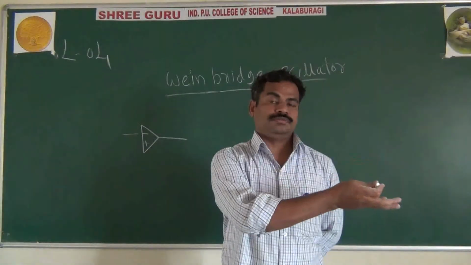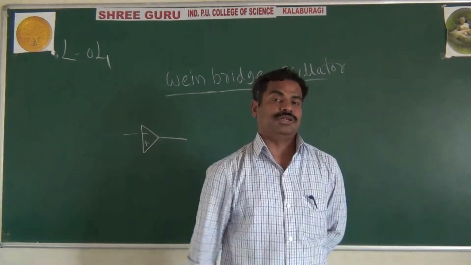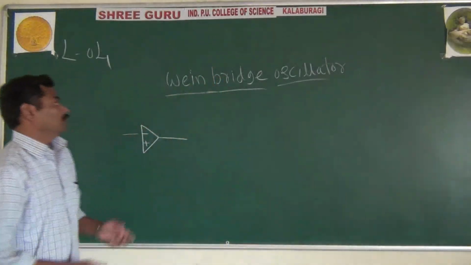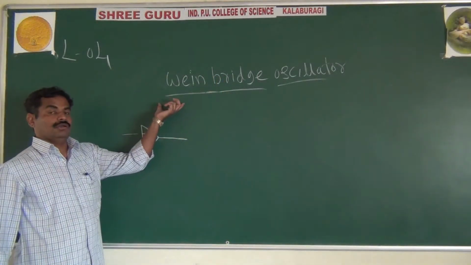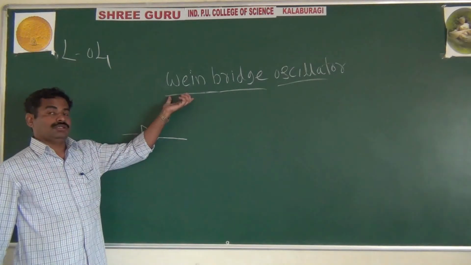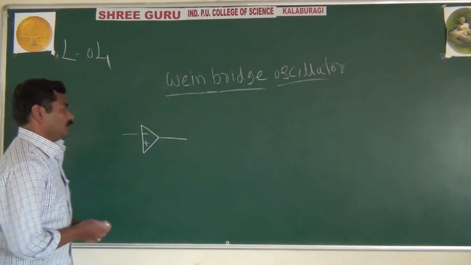In your RC phase oscillator, you are only considering the inverting amplifier. But here in the Wien bridge oscillator, you are using positive and negative feedback, both the feedbacks.